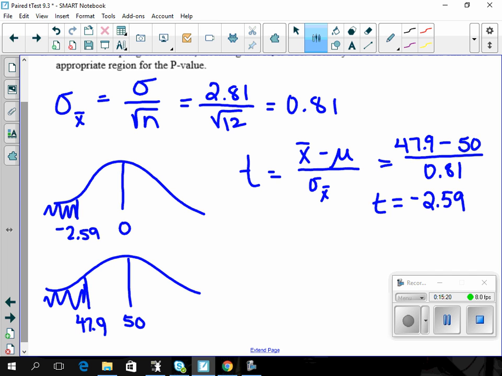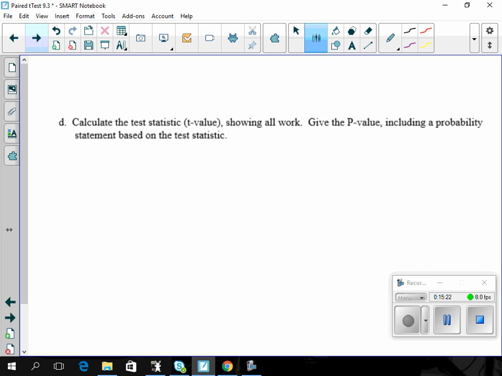It's not normal CDF. I think the next one is to calculate the p-value, right? Oh, the test statistic was the next step. Sorry, I jumped ahead. So the p-value: because it's our T procedure, not normal procedures, we need to use TCDF. When I go to TCDF, it has a lower bound and an upper bound using our T's.